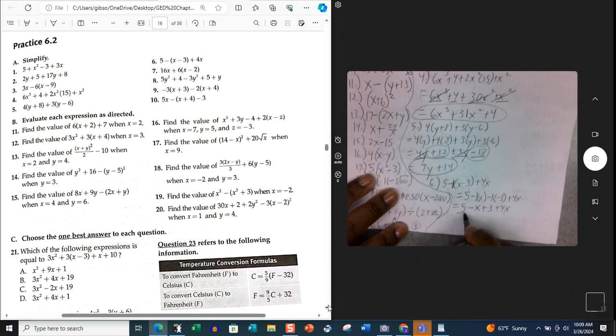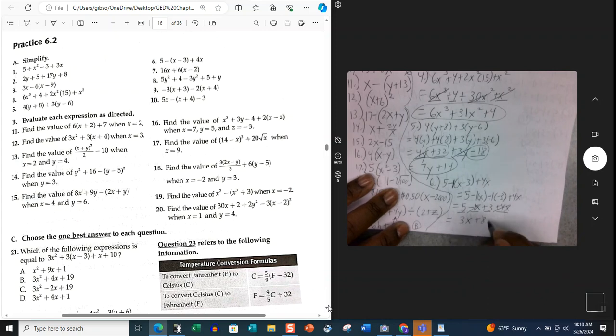Now we have our different terms. These are our terms. So now we look at the variables. We both have an x and both take it to the first power. So we will combine them. This is considered to be a negative 1x plus 4x, which will give you 3x. And then 5 plus 3 is 8.